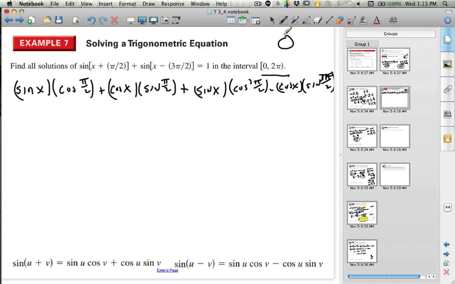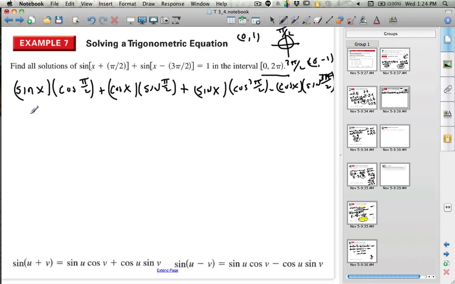So remembering from our unit circle again, pi over 2 is up here, 3 pi over 2 is down here. So up here we have 0, 1, and down here we have 0, negative 1. So in both cases, cosine is 0.